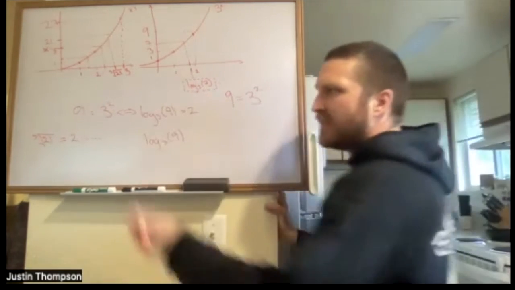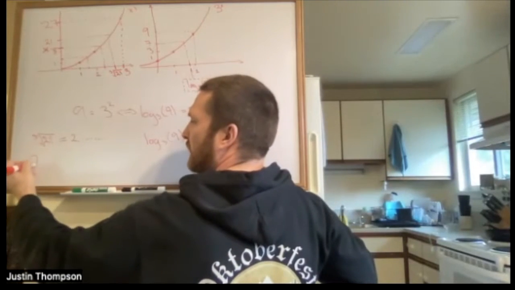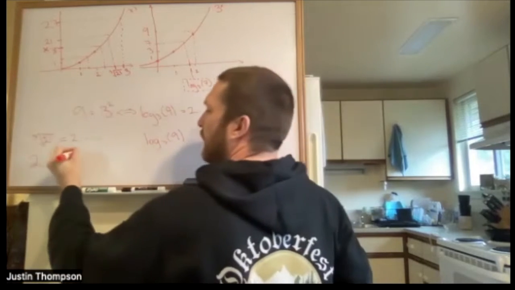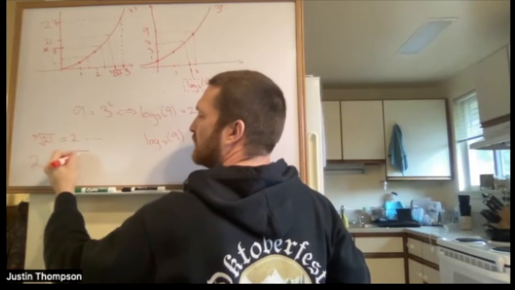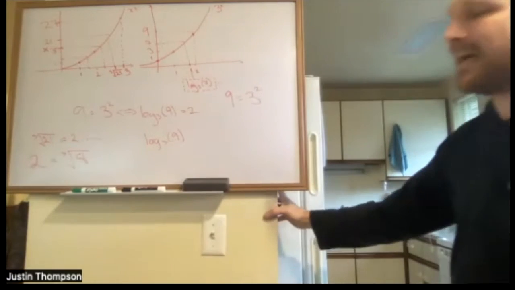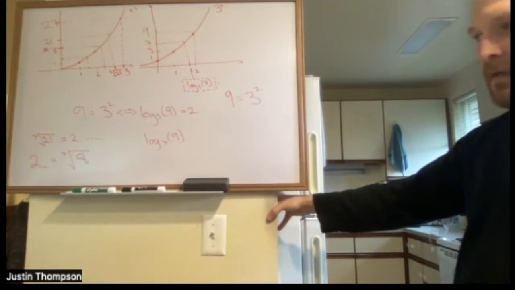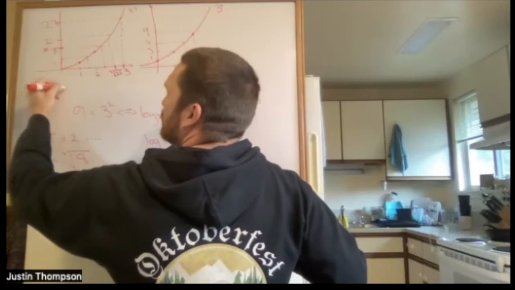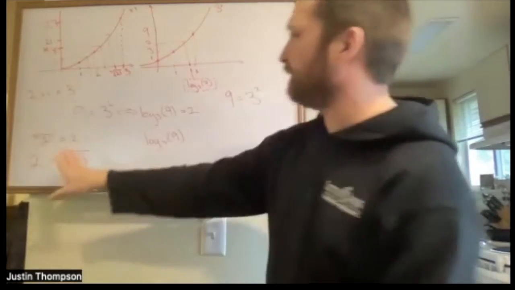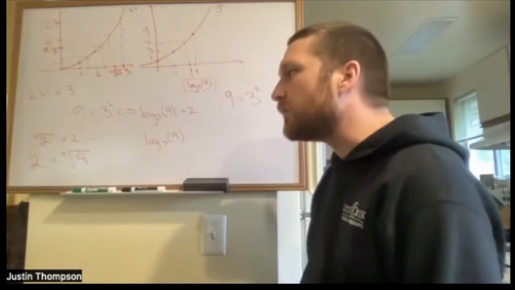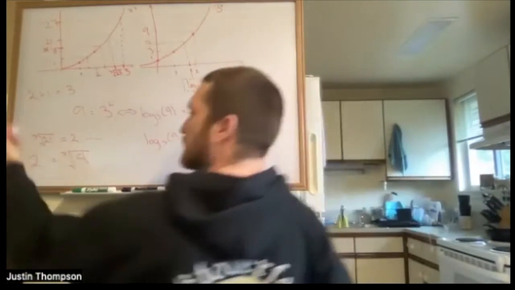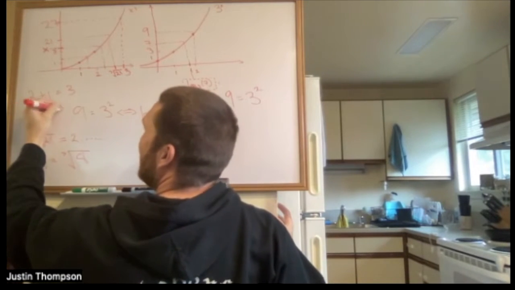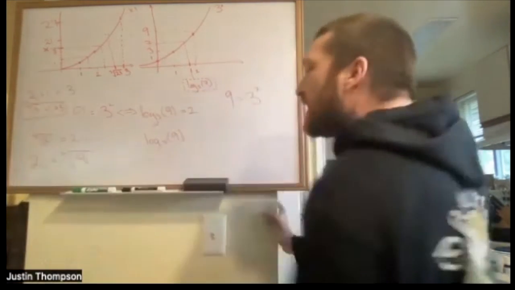In the same way, like earlier, wherever I want a 2 to show up, I could write it as the cube root of 8, and it means exactly the same thing. So if I had the equation 2 plus 1 equals 3, I could replace that symbol with the cube root of 8 plus 1 equals 3, and it means exactly the same thing.